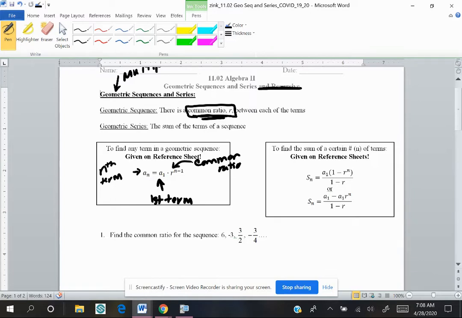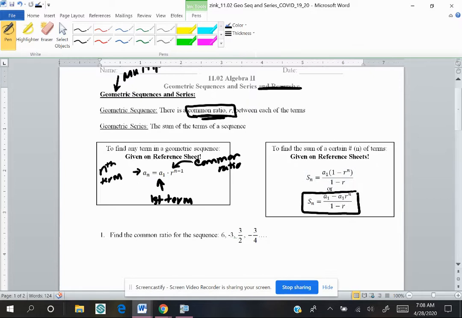And then n is whatever term you're on, minus 1. For the sum, this one is a little bit easier than the arithmetic sum because you don't need to have the last term to do it. You just need to know the first term, the common ratio, and how many terms you have that you're talking about.